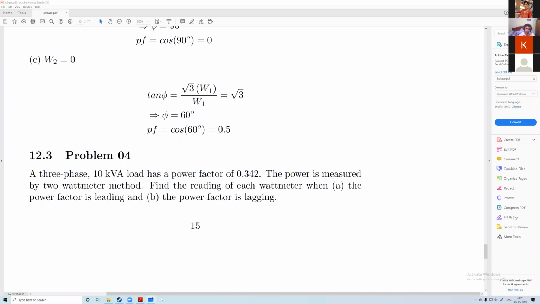For leading power factor, the first wattmeter will read VLIL cos(30° plus phi). The second one will read VLIL cos(30° minus phi). Correct?